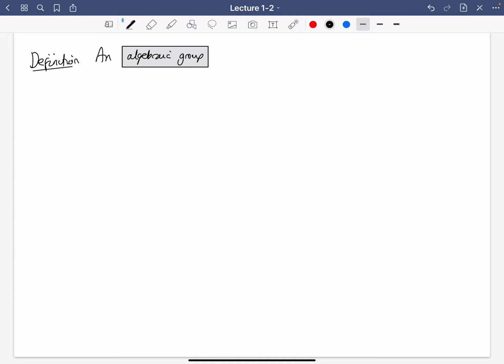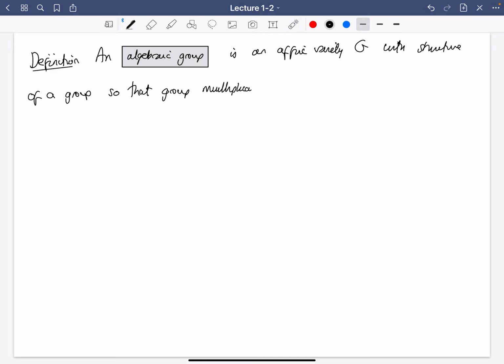Why I've been talking about affine varieties is I want to give you the definition of an algebraic group. An algebraic group is an affine variety G with the structure of a group as well. So affine variety plus group structure, so that the group multiplication, I'm always going to use the letter M for that.